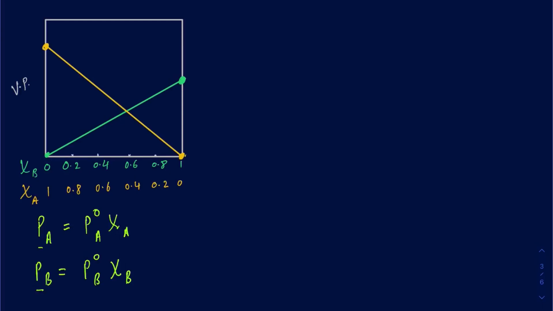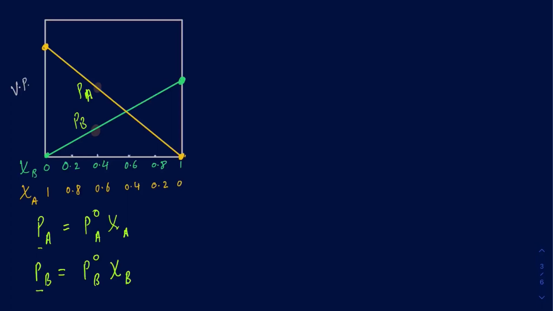So if I go ahead and pick a point, suppose I pick the point right there. So at 0.4 mole fraction with respect to B, and that's going to be 0.6 mole fraction with respect to A. If I pick those two points, I know what my vapor pressure is going to be for the PA and the PB. So this is going to be your PB right there, and this is going to be your PA right there.